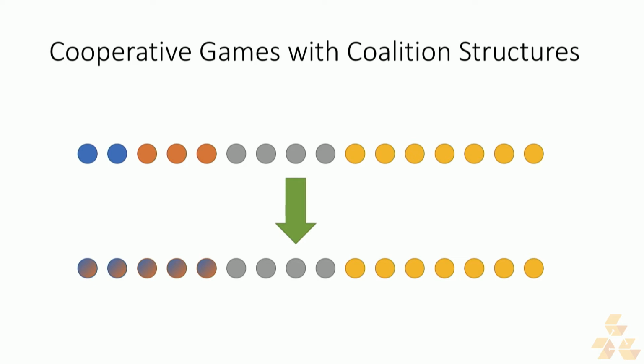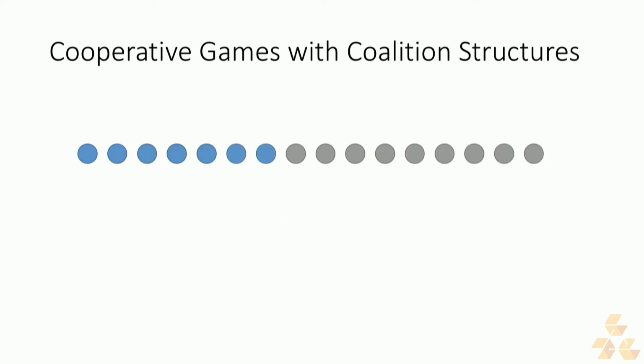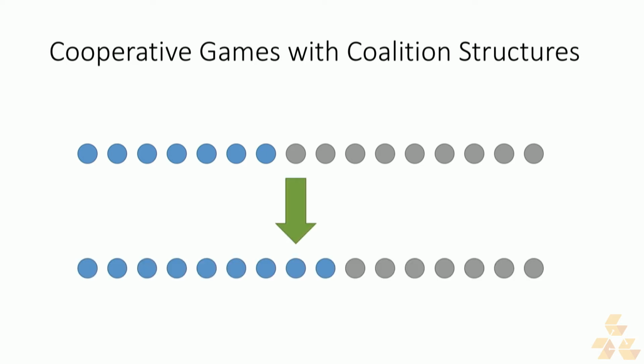So another coalition structure is going to be formed. If we only have two teams in our coalition structure, the smallest team, the blue one, is better off adding some players from the gray team and changing the coalition structure.